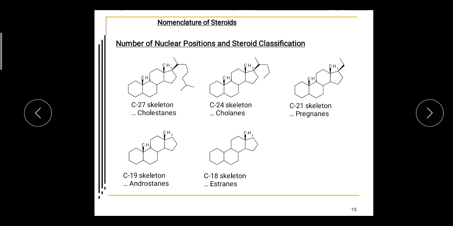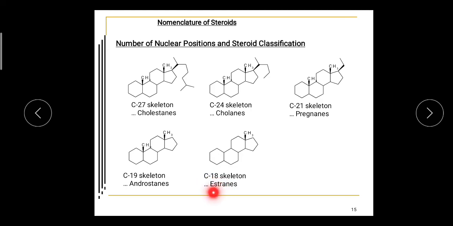So these are the basic rings present in the steroidal nucleus. As I have told earlier, the C17 skeleton is called gonane.